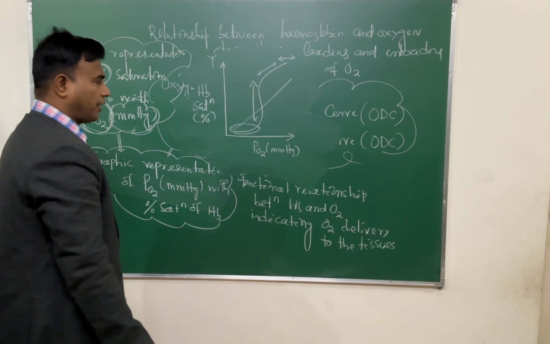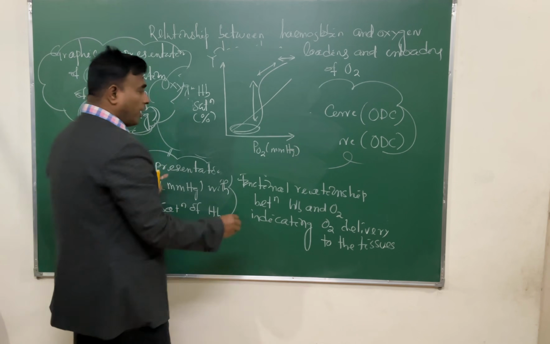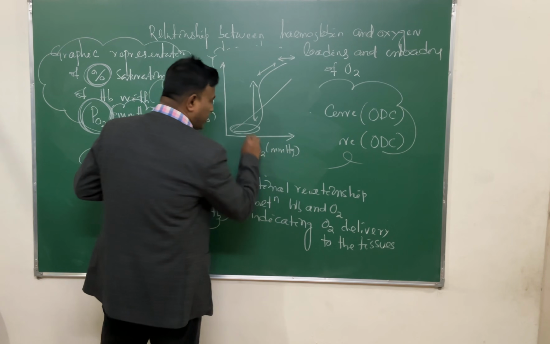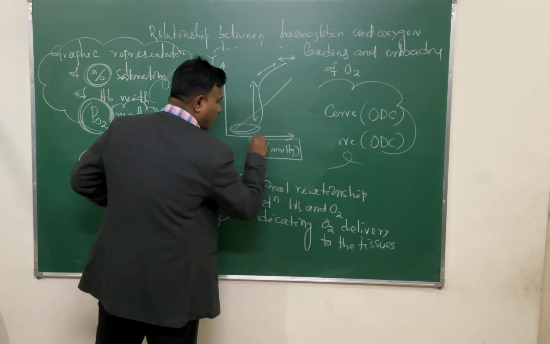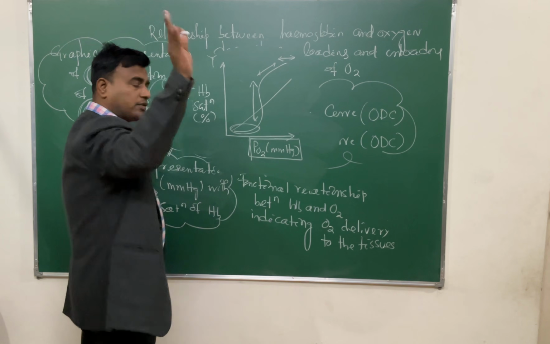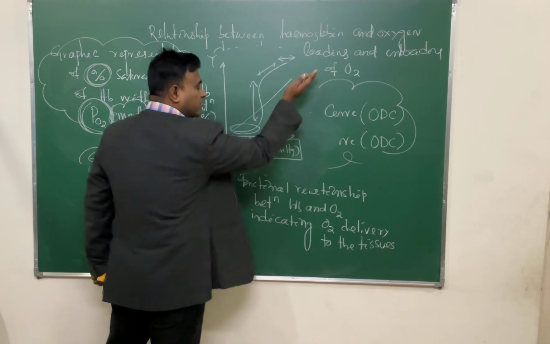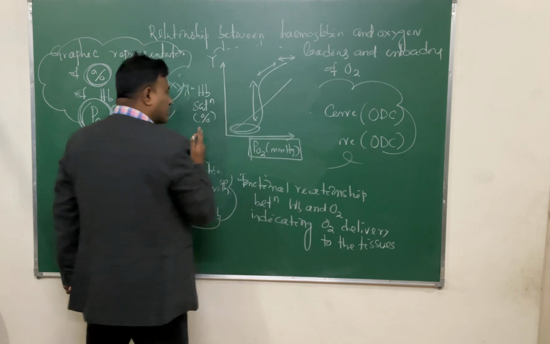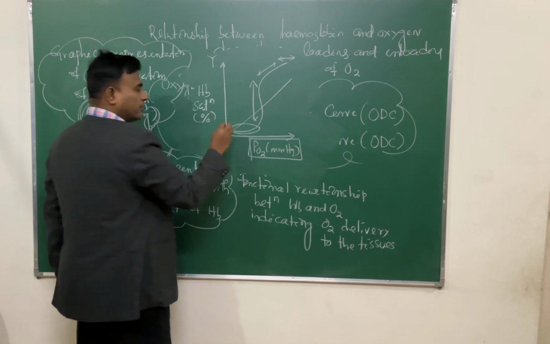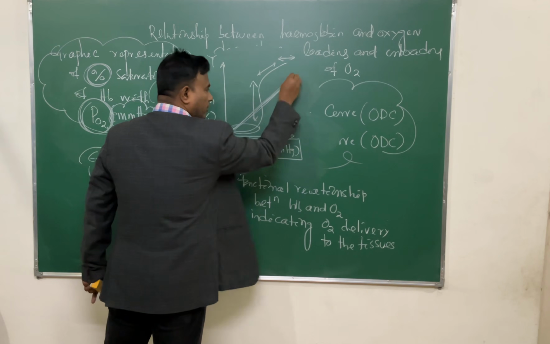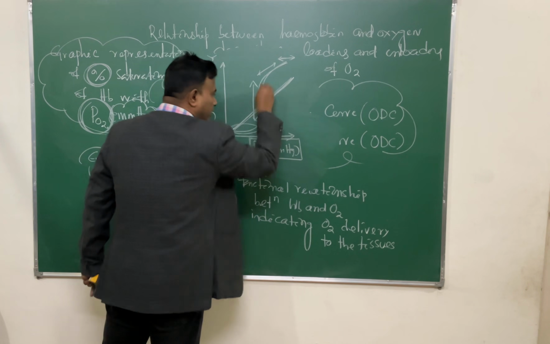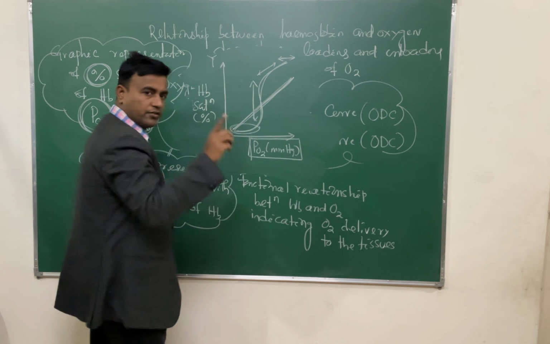So why am I saying this? Because if we define it as the functional relationship between partial pressure of oxygen and percentage saturation of hemoglobin, and if both are rising, then why is it not a straight line? Or rather, why is it a sigmoid curve? So this needs to be explained.